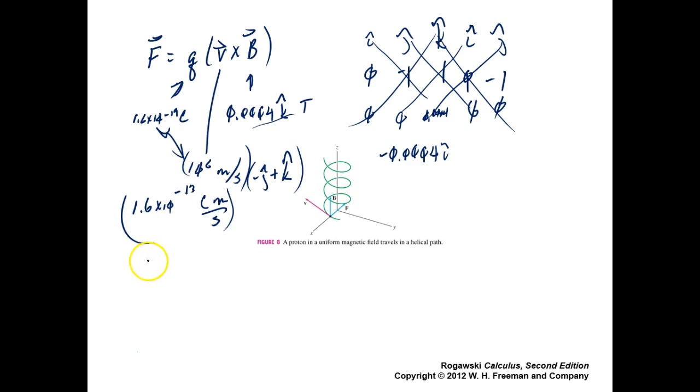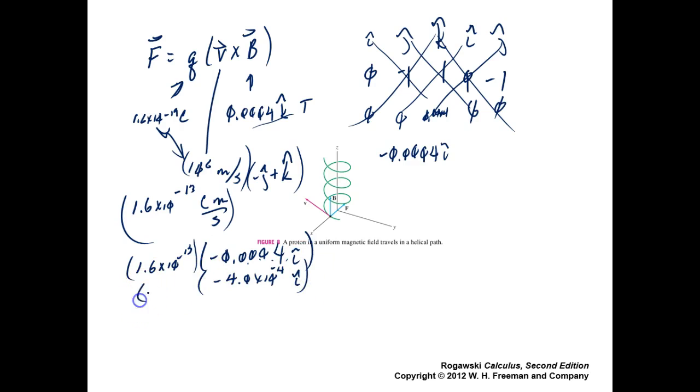Multiply that by, and I'm going to change this slightly. I'll write it as 1.6 times 10 to the minus 13 times negative 0.0004 I. I had meant to write this one as negative 4.0 times 10 to the minus 4, since we put the other in that way, so let's do that one.